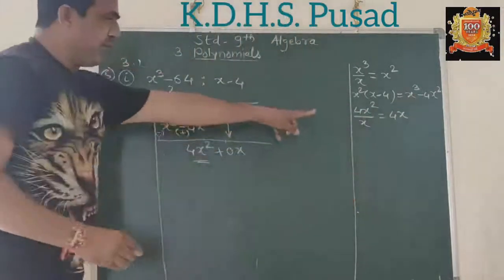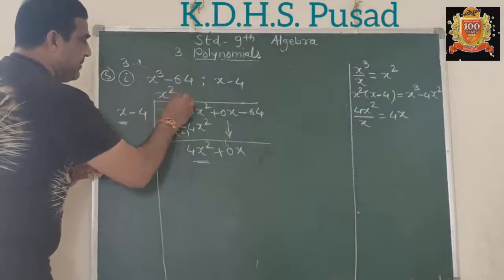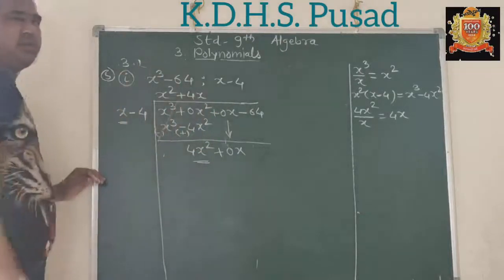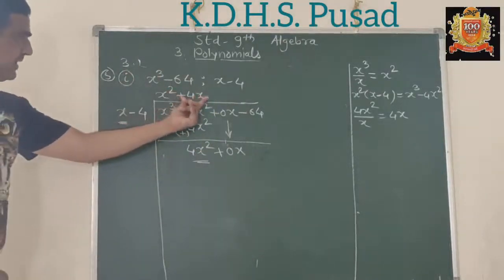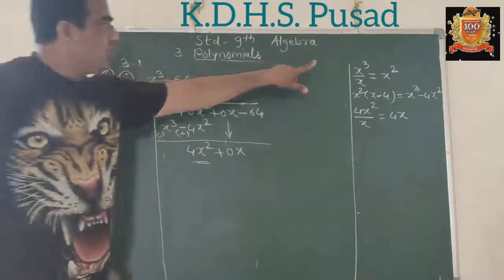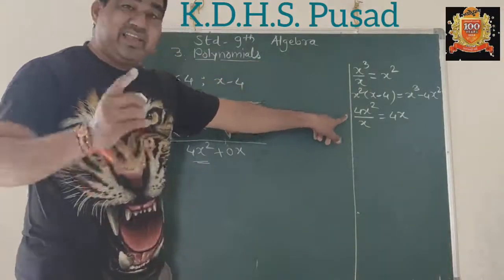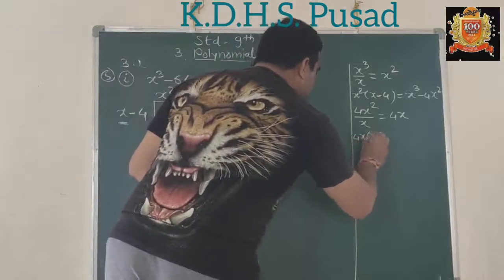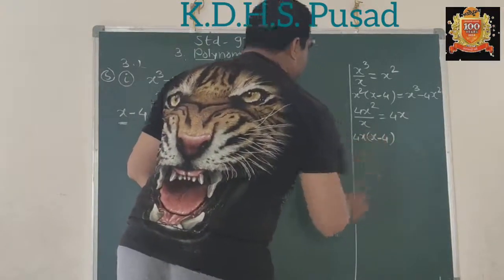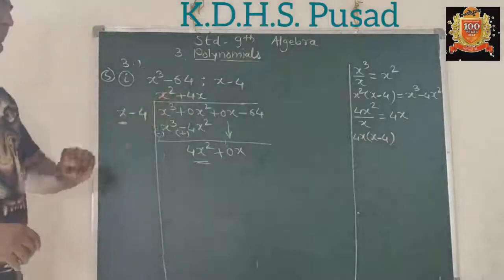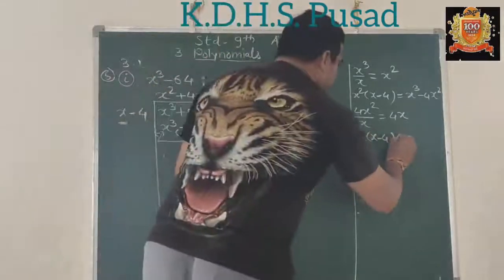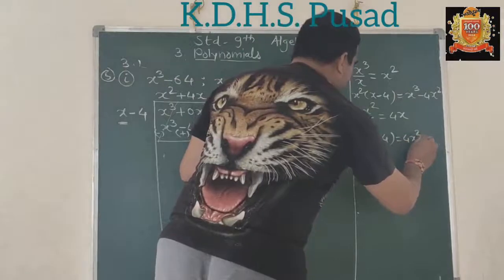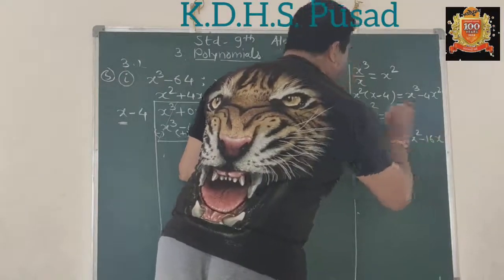Write down this 4x with its sign, plus 4x. Now multiply again: quotient, then multiplication. 4x into x minus 4. If we multiply, we get 4x square minus 16x.